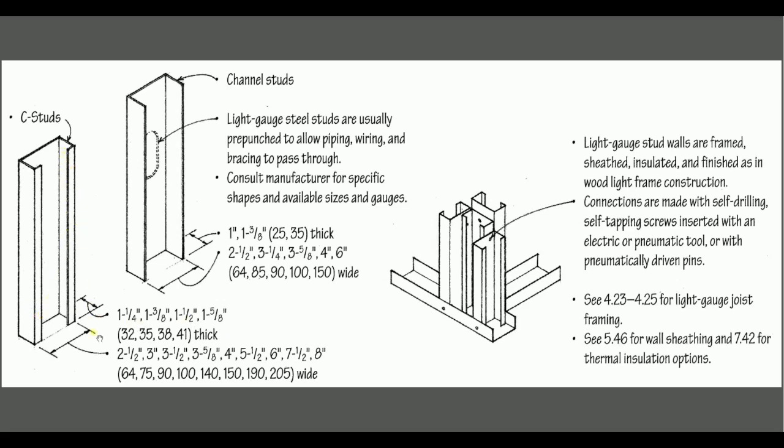The size is different, but the commonly used is a 38 flange. 38 flange for the C-channels is 1.5, right? It is 1.5 inch. So 1.5 inch is usually used. The height we usually use is 8 inch.